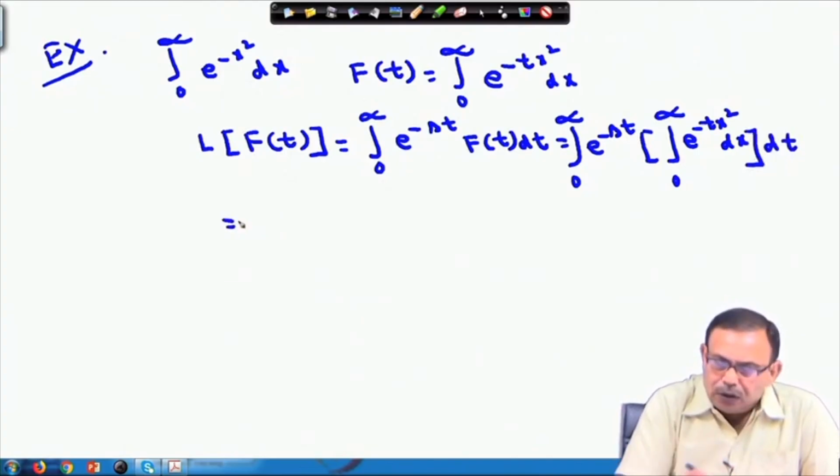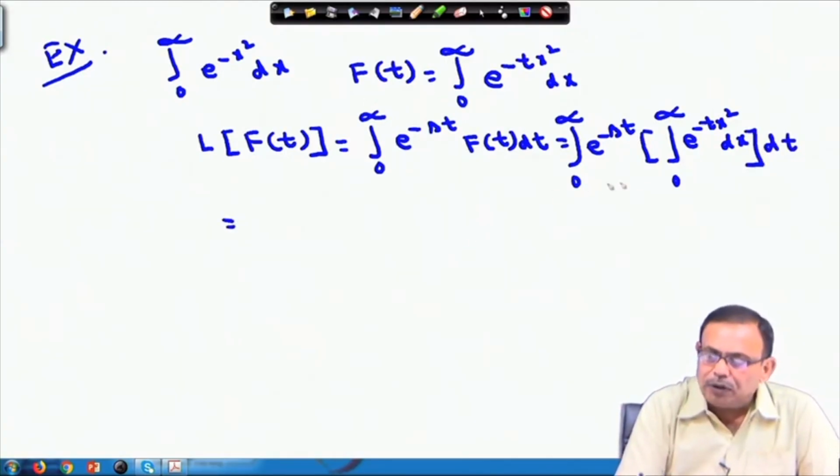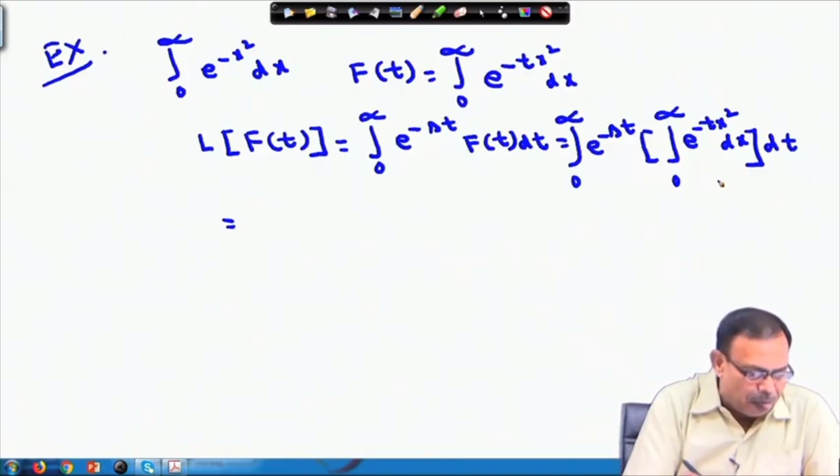Without losing the property, we can interchange the order of integration: first integrate with respect to t, and then with respect to x.